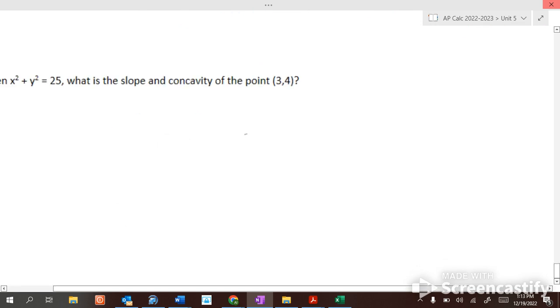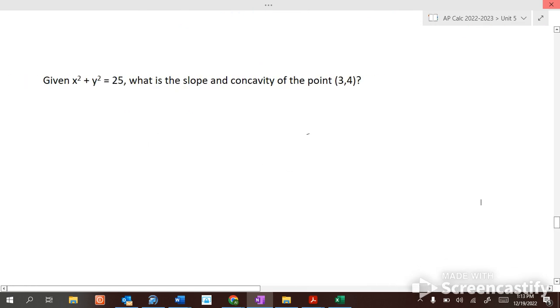Given x squared plus y squared equals 25, what's the slope and concavity at this point? Okay, so how do you do that? Well, you have to take the first derivative to find the slope. What's the first derivative? 2x plus 2y dy dx equals 0.